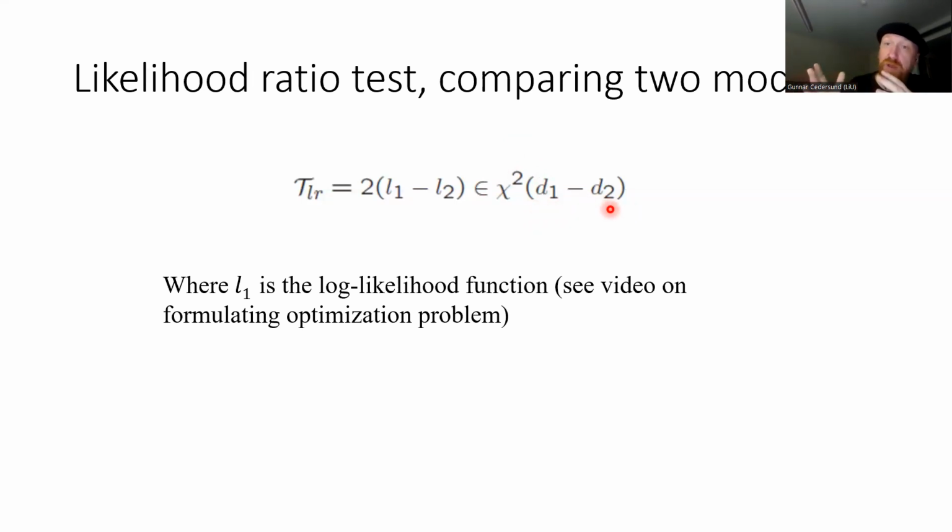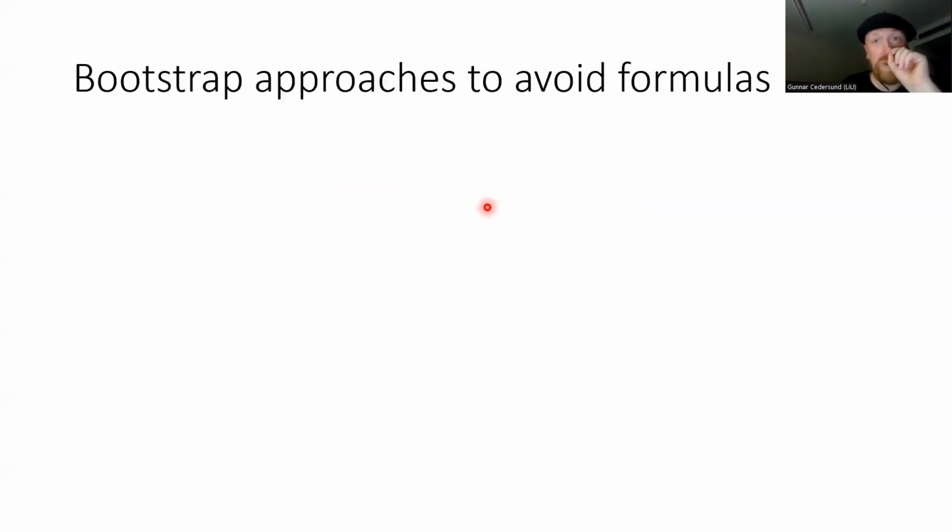If the improvement is smaller than that cutoff, then the addition of those degrees of freedom is not warranted. So then you should choose the simpler model, and vice versa. If it is bigger, then the new parameters are warranted. That's basically the idea here.